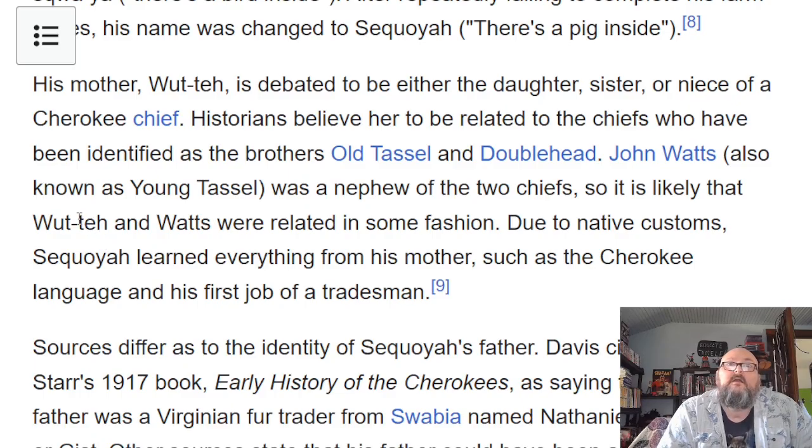Some historians believe she was connected to a pair of brother chiefs, Old Tassel and Doublehead. John Watts, also known as Young Tassel, was a nephew of the two chiefs. Okay, that's confusing. So it is likely that Wurteh and Watts were related in some fashion.